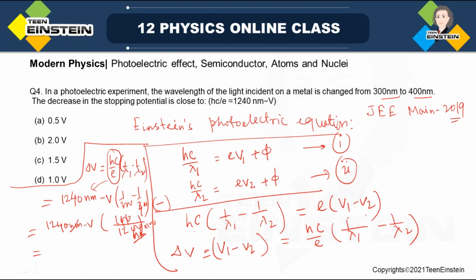So there will be another 100 over here. Okay, so you have got this in volt divided by, so this 10 will go up, 120. Okay, so this will be nearly equal to 1. So this will be nearly equal to 1.0 volt.